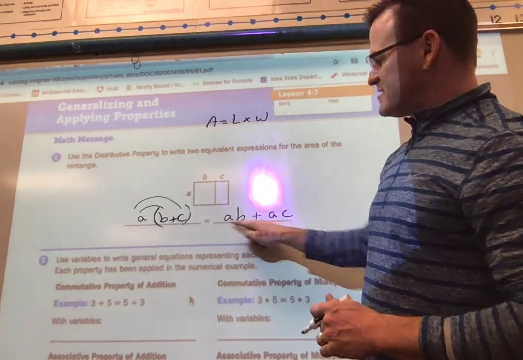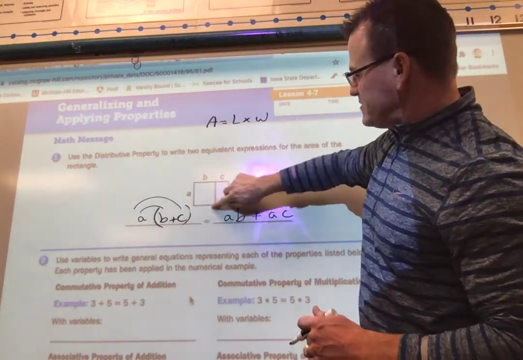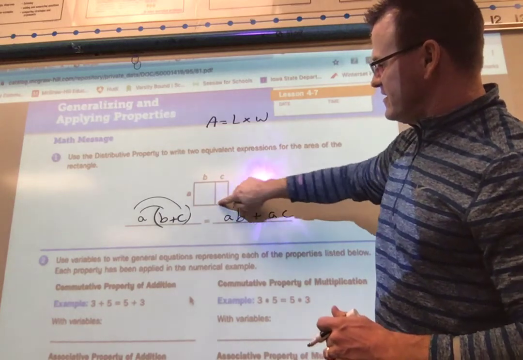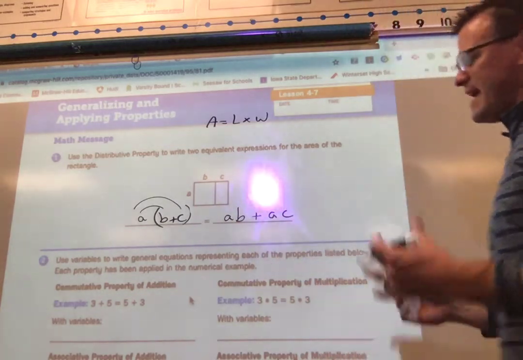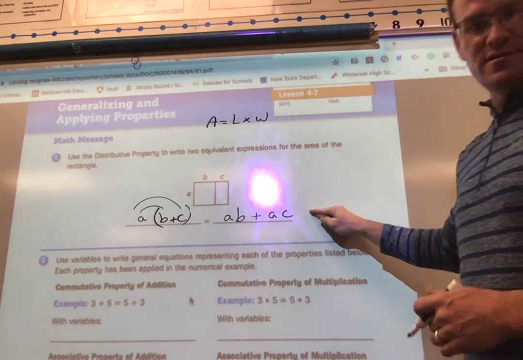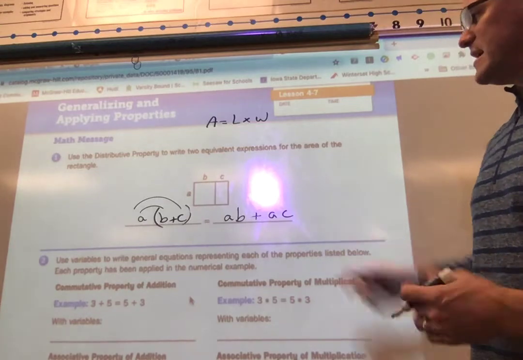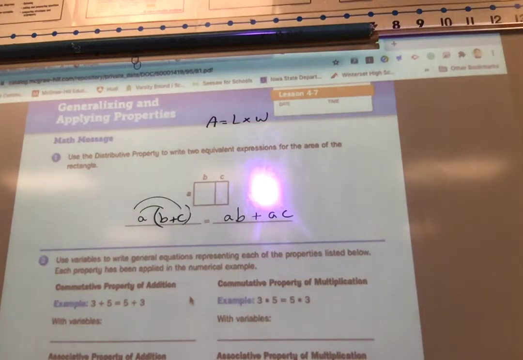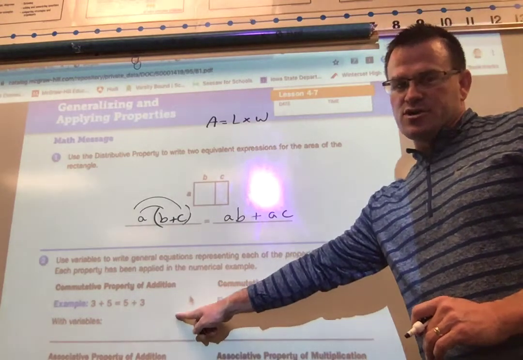We know this is the same as the first expression because A times B would get me the area of that part, and A times C would get me the area of the smaller rectangle there. You add them together and you get that total area. So this is what it means by generalizing the formula. Don't use numbers, use these variables, and then I could plug numbers in, and this formula would find the area for me.